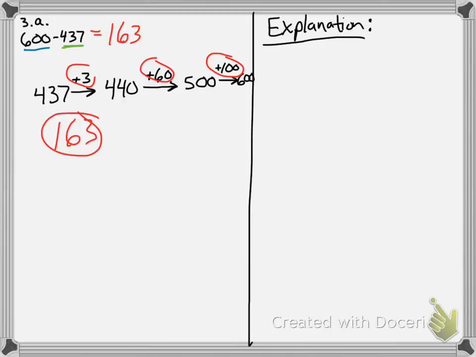And so when we're thinking about solving subtraction by using addition, a lot of times it's quicker to count on rather than, say, drawing a place value chart.